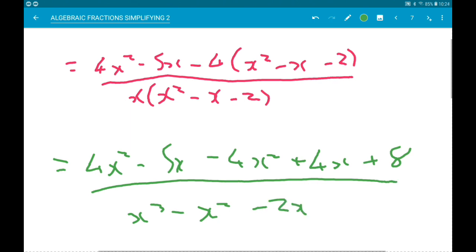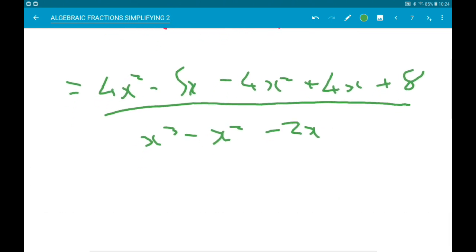Now finally up on top we got 4x squared minus 4x squared, so they cancel. We got minus 5x and 4x, so that's minus x.